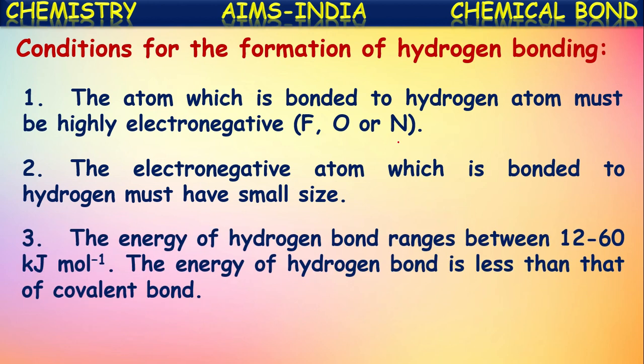The energy of a hydrogen bond ranges between 12 to 60 kilojoules per mole, depending upon the type of atom combined with hydrogen. The energy of a hydrogen bond is less than that of a covalent bond, meaning it is not as strong. This is because a hydrogen bond is just an electrostatic force of attraction created between two different atoms.